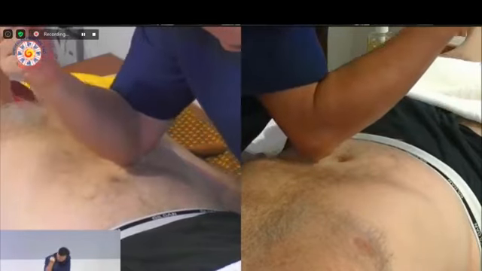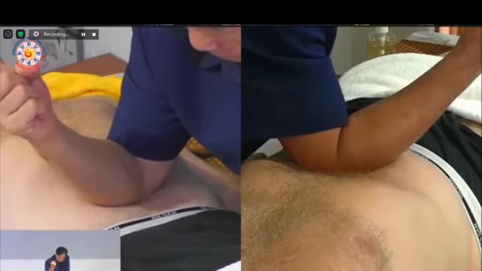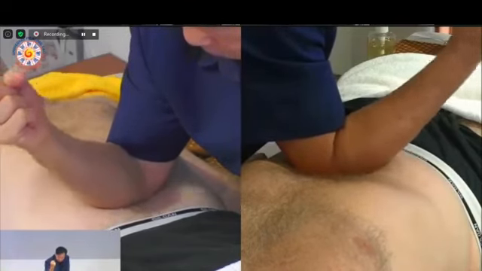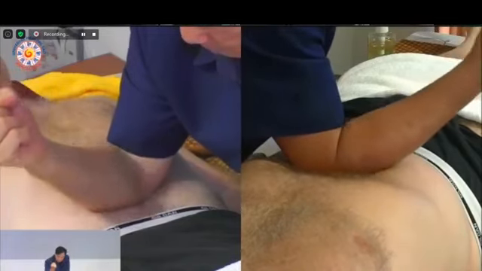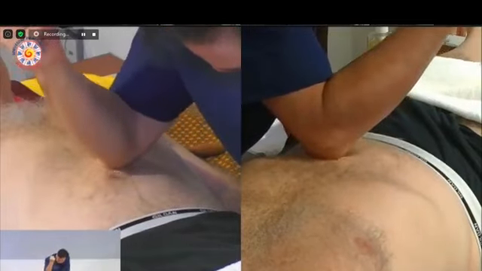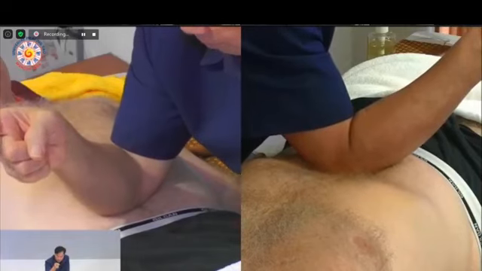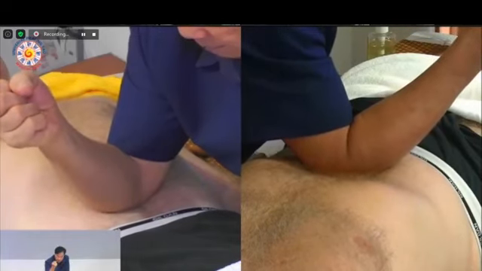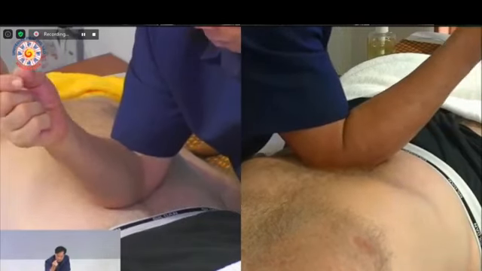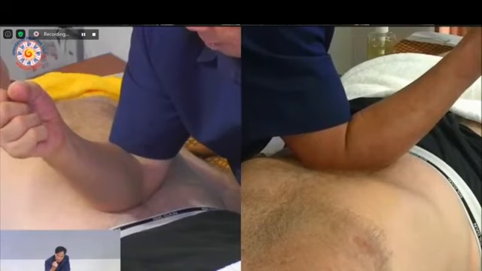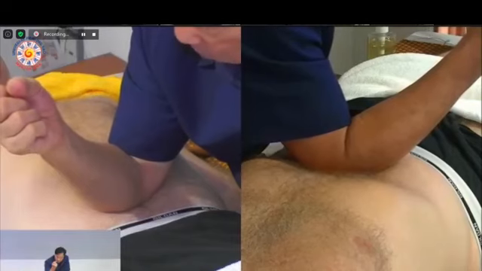Now, 33 on the left side below the navel. Now 33 on the right side, and that is the vena cava. The technique is you move a little bit over there, and first you have to feel the pulse, and from the pulse move a little bit to the right.